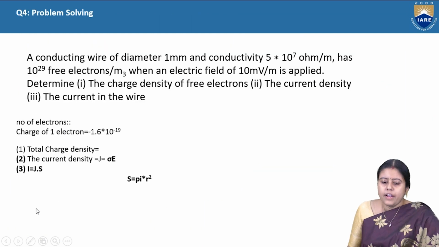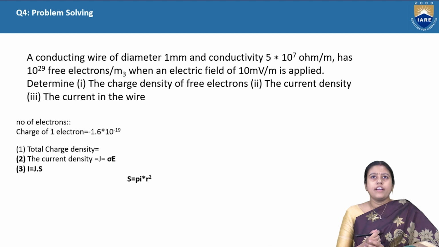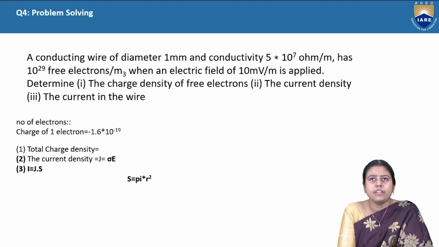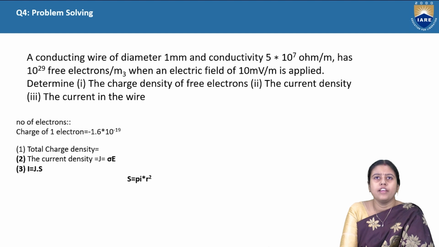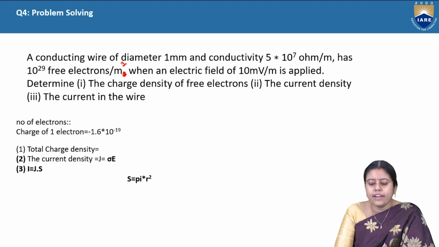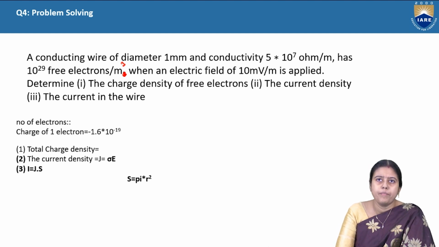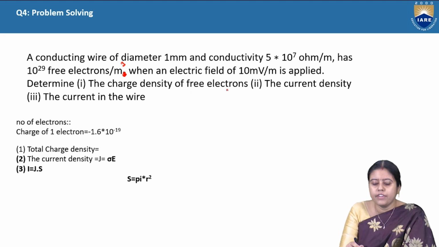Now we will give one small problem from this chapter. A conductor wire of diameter 1 millimeter and conductivity 5 into 10 to the power 7 per ohm meter has 10 to the power 29 free electrons per meter cube. When an electric field of 10 millivolt per meter is applied, calculate the charge density of the free electrons.